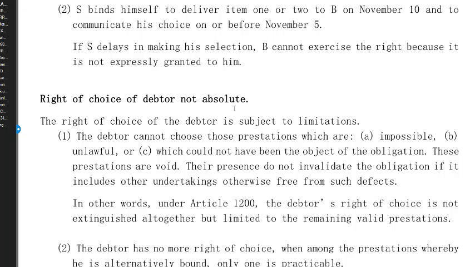The right of choice of the debtor is not absolute. May mga limitations. So, one of the limitations, as what I have mentioned under 1200, is that the debtor cannot choose prestations na impossible and unlawful and could not have been the object of the obligations, mga void yan.